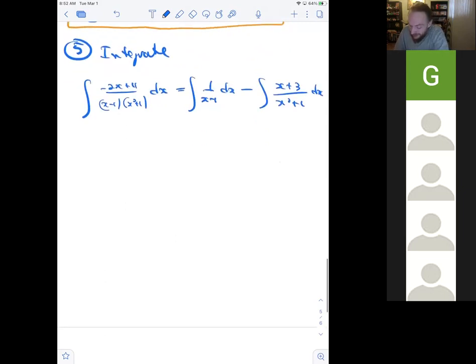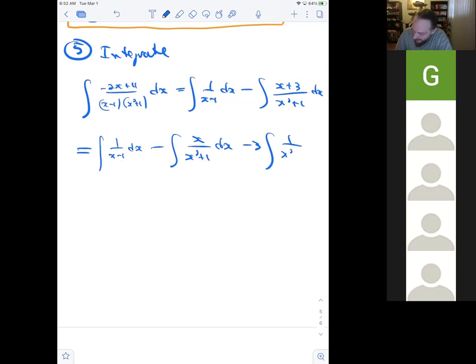Well, they should all be doable now, in this case, without a little bit more work. Sometimes you have to complete the square on the irreducible quadratic, and that'll be a little bit of extra work. But this time we have the integral of 1 over x minus 1 dx minus the integral of x over (x squared plus 1) dx minus 3 times the integral of 1 over (x squared plus 1) dx.